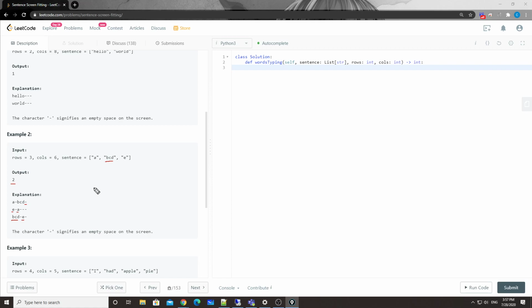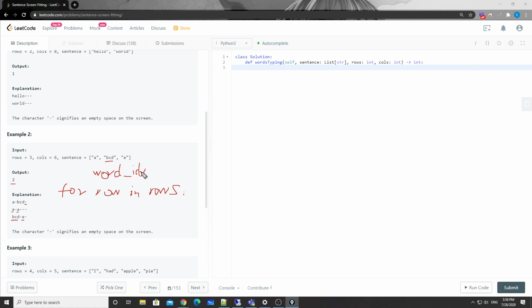Okay, so for this problem, a naive way will be basically we have a current index for the current word, the word index. Then we loop through all the rows, and for each row we try to fill the remaining words one by one.